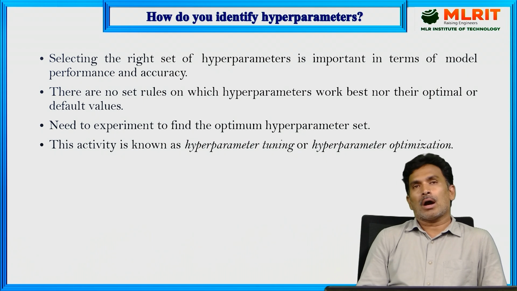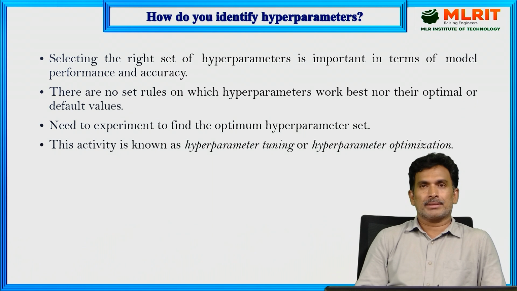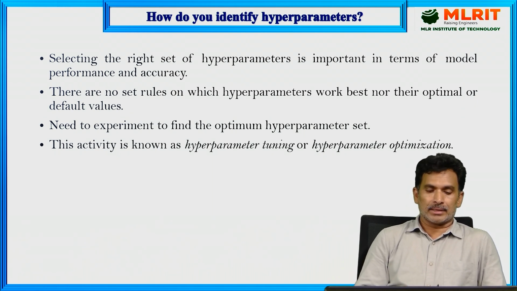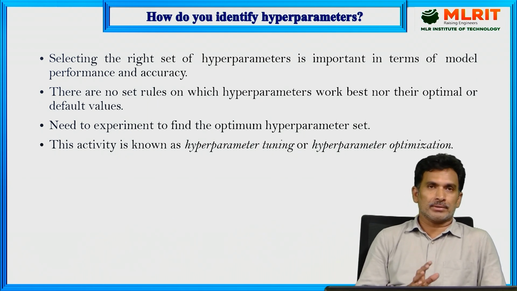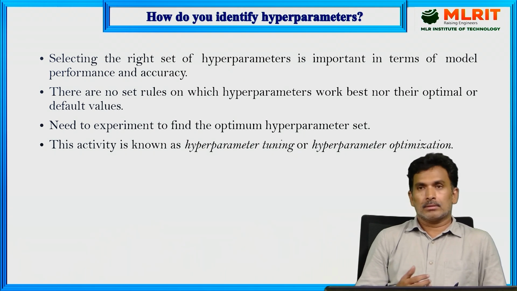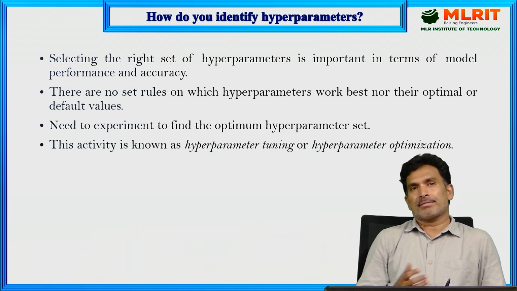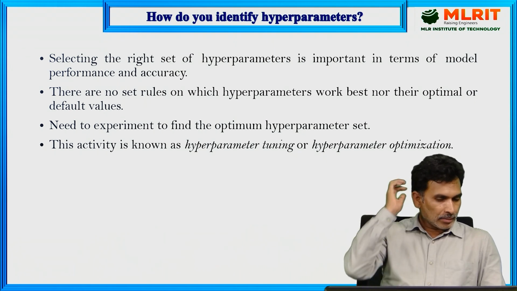Next, how do we identify the hyperparameters? Selecting the right set of hyperparameters is very important for model performance and accuracy. Suppose you have defined the loss function; our objective is to minimize the loss function. The smaller the difference or the loss, the better the model accuracy or performance would be.